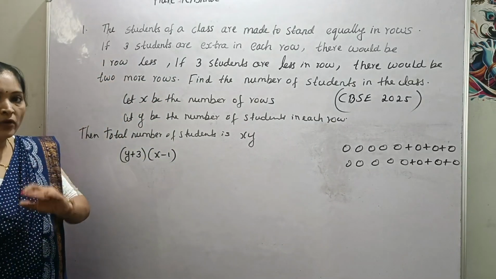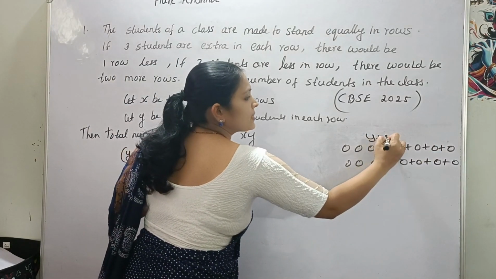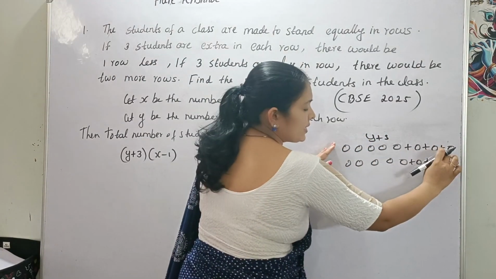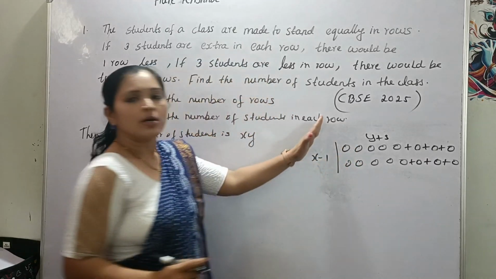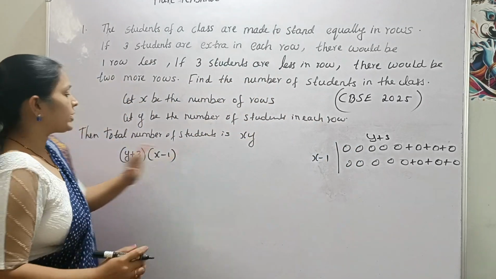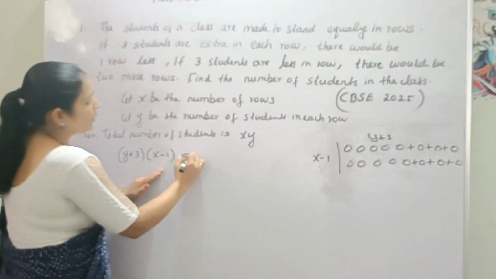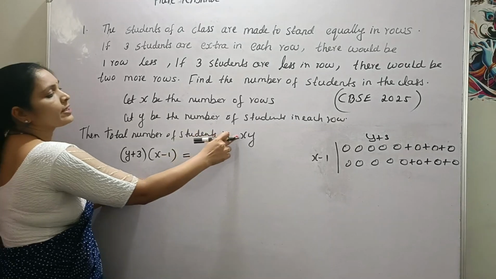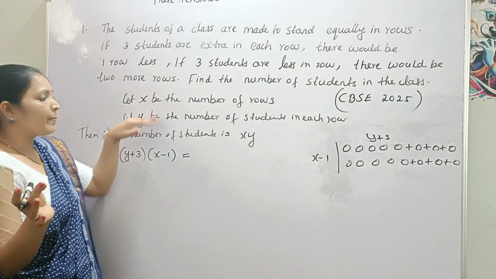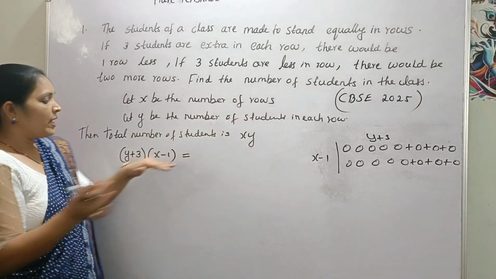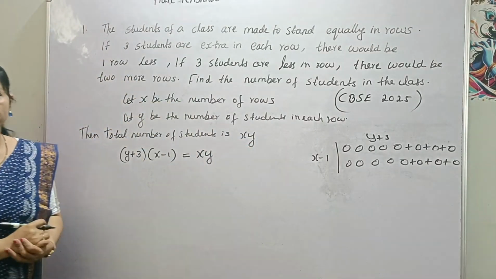So total number of students is x minus 1 into y plus 3. And we know that the total number of students is x into y. Therefore, y plus 3 into x minus 1 is equal to x into y.